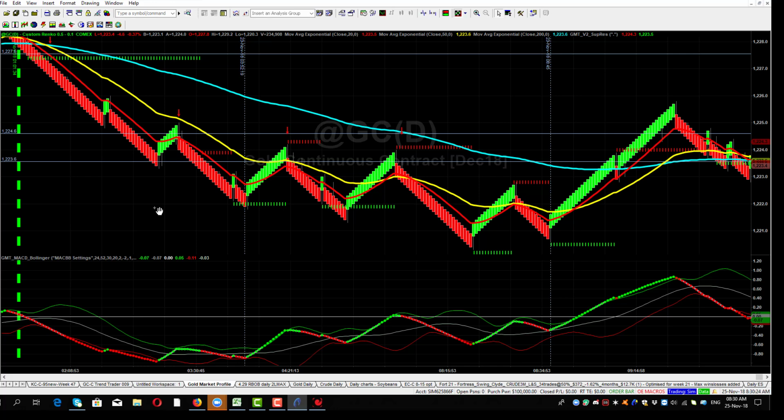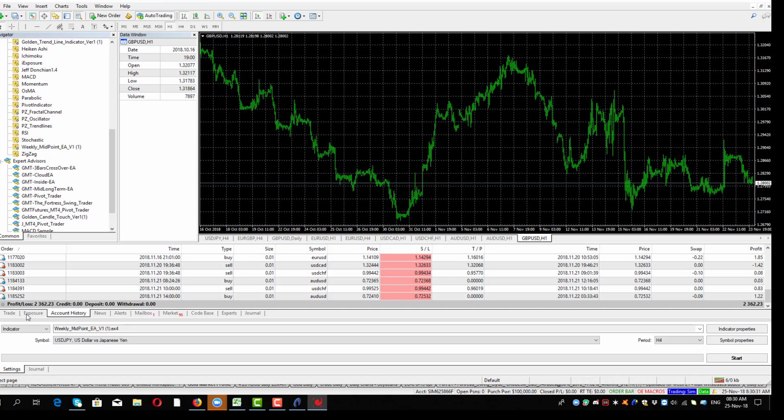Now, a couple of other things that I wanted to cover off today. We'll jump over to MT4, because I've been running a few of these strategies on MT4, mainly the stuff that we've had developed before, which is the pivot trader, the Renko, the GMT systems, and then we're having a look at some of the systems that Jeff has sent over, and they're doing really well.